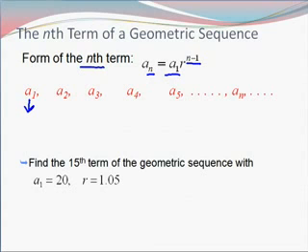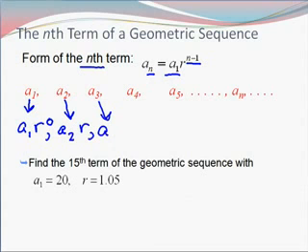So a1, well, in order for this to be written as a product with this power, r is going to have to be raised to the 0 power. So that's where your n minus 1 comes in, because we want a1 to be standing on its own for the first term. So a2 is going to be a1 times r.